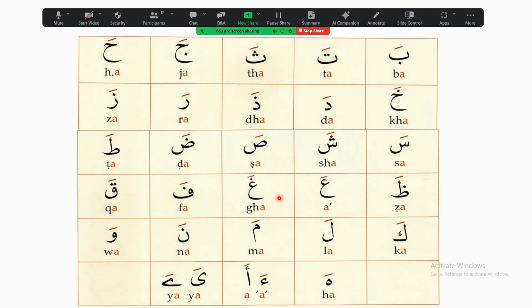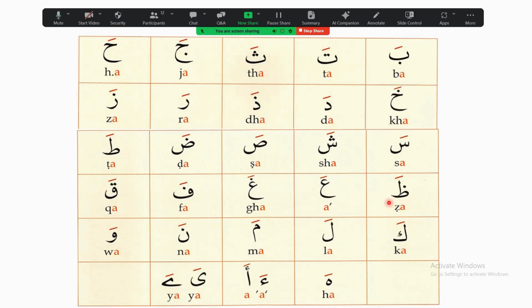Gha, gha, gha. And the next one is the fa letter here. With this, air comes out of our mouth, and the next letter is again a heavy letter. The back part of the tongue touches the soft palate with strength, and we say qa. This is a heavy letter.